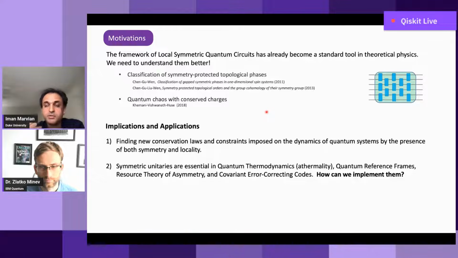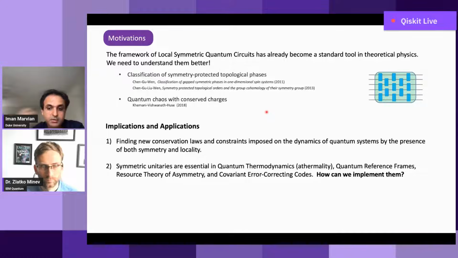For example, in quantum thermodynamics, we need to implement unitaries that conserve the intrinsic Hamiltonian of a system. So we call them energy-conserving unitaries. And similarly, in the resource theory of asymmetry, for example, it is assumed that you can easily, or with negligible cost, implement an arbitrary symmetric unitary.